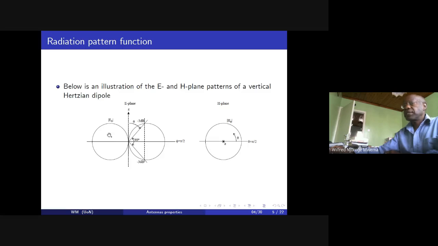And therefore, once we start looking at dipole lengths that are different from this, all we shall see is a similar kind of pattern, but it will be distorted, and we may even start getting other lobes that are not maximum, and we will call them side lobes, and we shall see this as we go along.